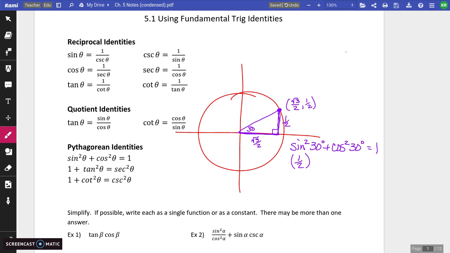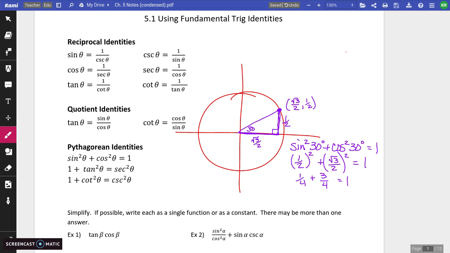So we could substitute 1/2 squared, plus the cosine of 30 degrees, which is root 3 over 2, squared, and that's going to equal 1. So 1/2 squared is 1/4. Root 3 over 2 squared is going to be 3/4, and that equals 1. So, a true statement here. It works for any angle, not just the common angles that we've been using on our unit circle.